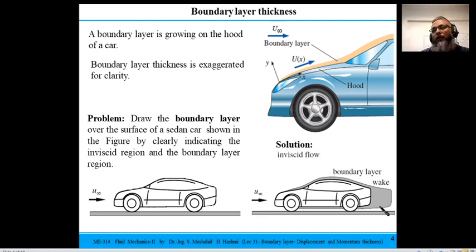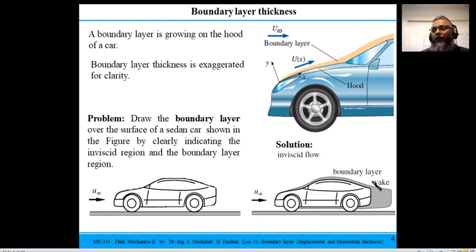So this would be the typical boundary layer, and on the underbody as well, because the underbody can be considered as a flat plate. If you think of it as a flat plate, then a boundary layer develops on the underbody as well.